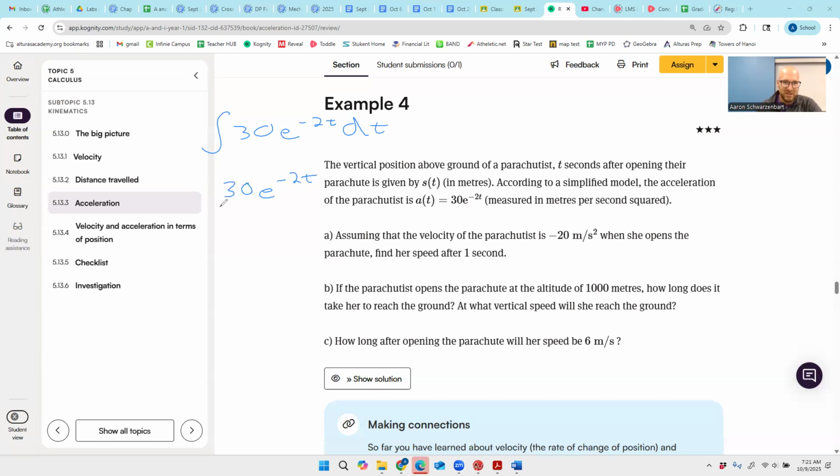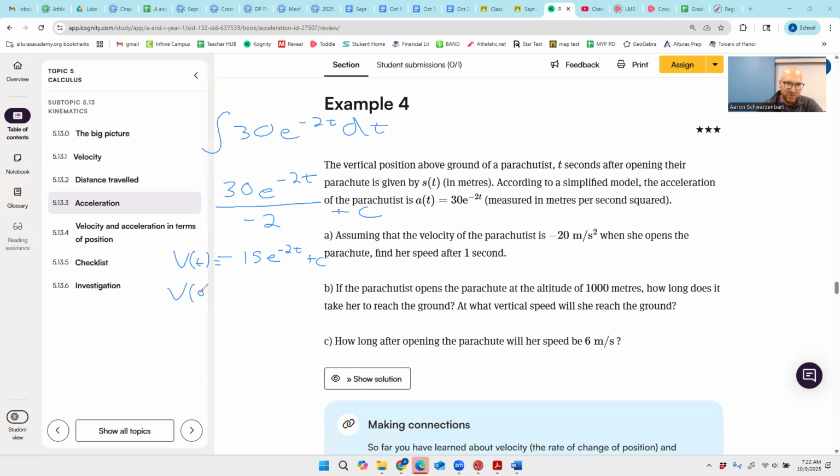The 30 can stay. But the chain rule here says normally I would multiply by negative 2, the derivative of the exponent. So to reverse the chain rule integration, I'm going to divide by negative 2, and I have a plus c. So that gives me negative 15 e to the negative 2t plus c is v of t. That's my velocity function.